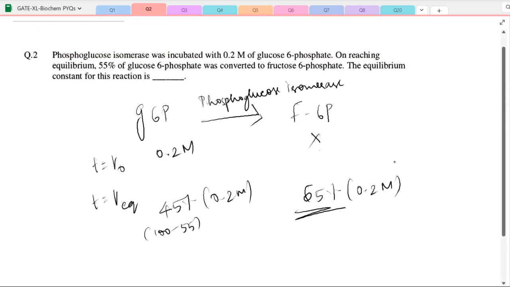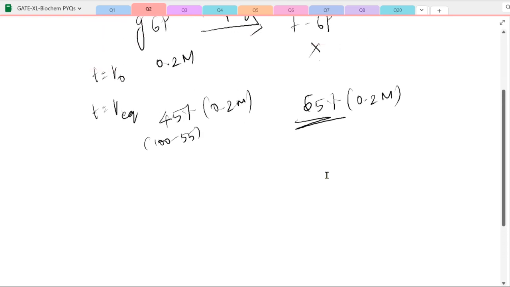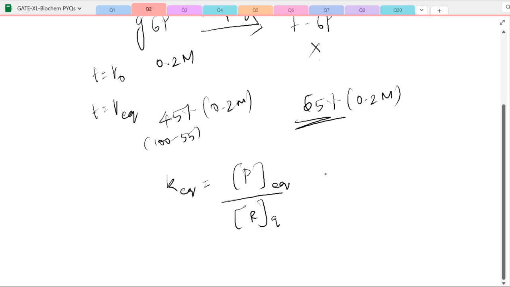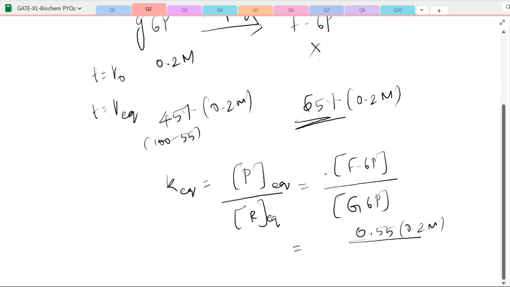Now we need to find the equilibrium constant for this reaction. So K equilibrium is equal to the product concentration at equilibrium divided by the reactant concentration at equilibrium, right? This is basic chemistry that we know. So that will be the concentration of fructose 6-phosphate at equilibrium divided by the concentration of glucose 6-phosphate at equilibrium, which is equal to 0.55 of 0.2 molar divided by 0.45 of 0.2 molar.